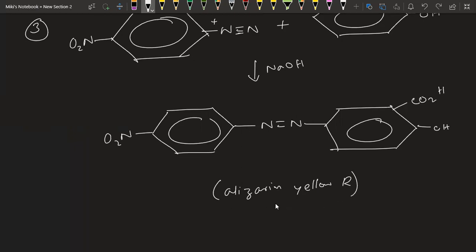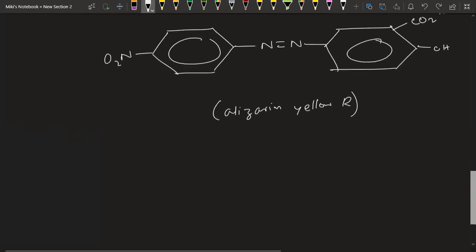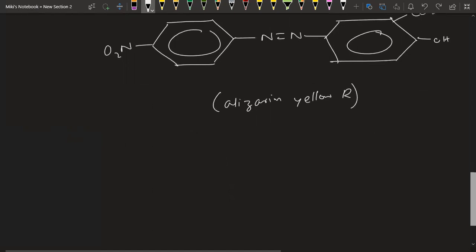They won't ask how the structure looks, or give you such structures and ask you to write the name. I'm just giving the information because then it makes sense. So that molecule they're talking about is actually the molecule which we studied.